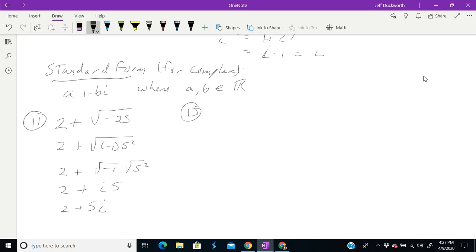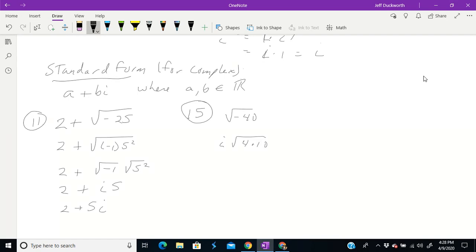15 in your book is the square root of negative 40. Right away I can just pull an i out. And then 40 breaks down into 4 times 10.